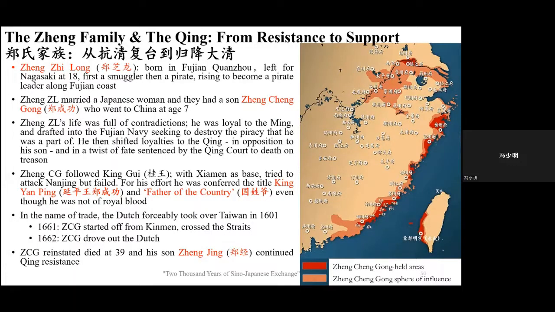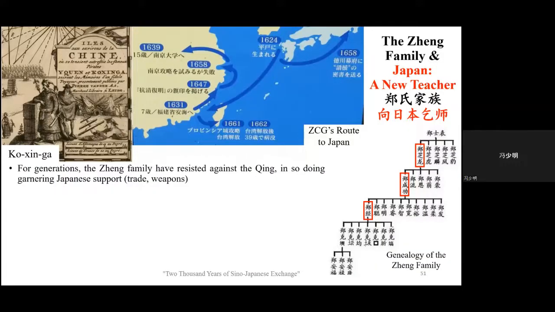This is a very interesting element of why Mr. Reinosuke talked about Zheng Chenggong, because Zheng Chenggong's family tried to overthrow the Qing government, and they tried to get Japanese support.